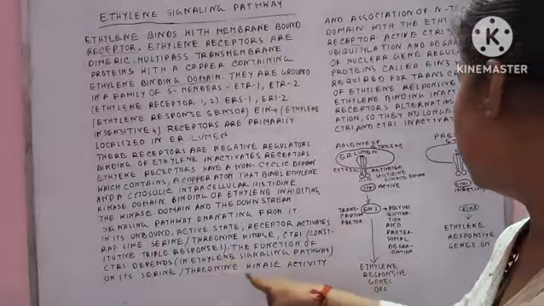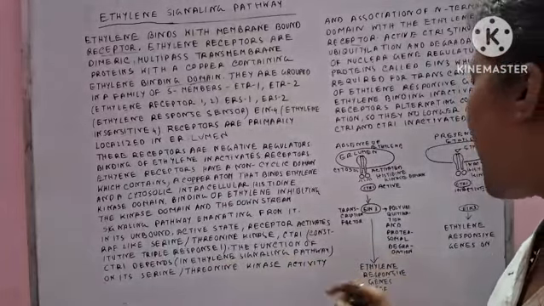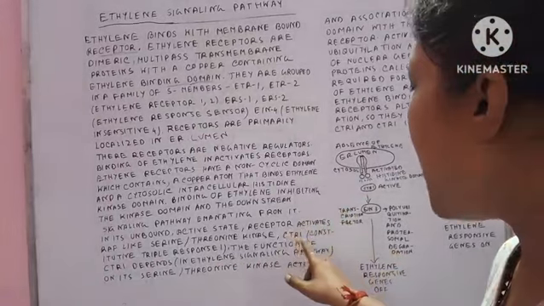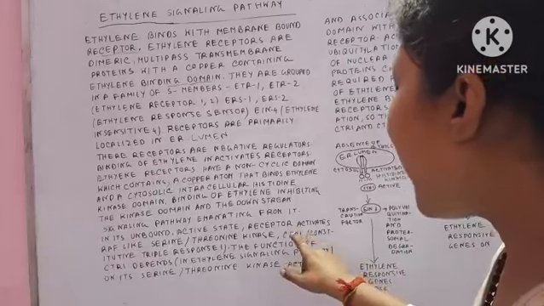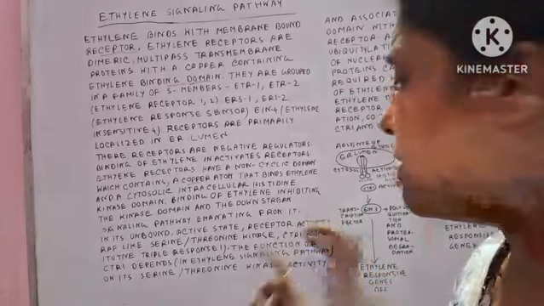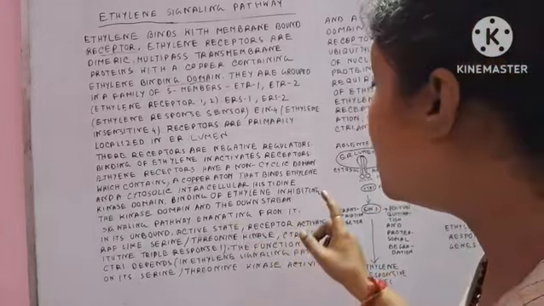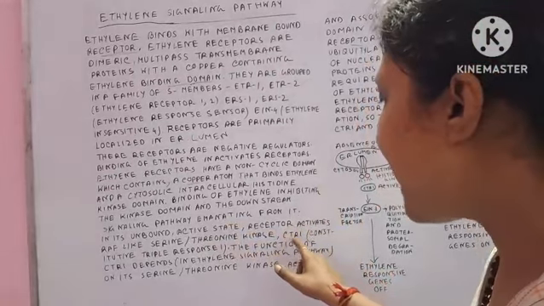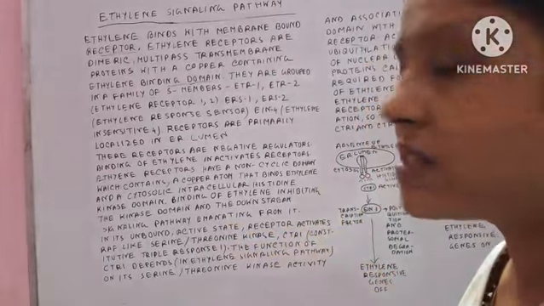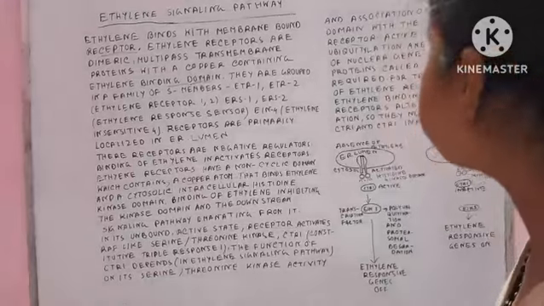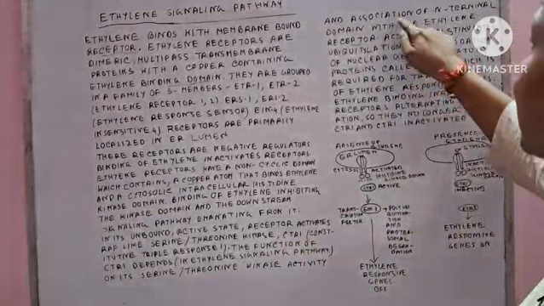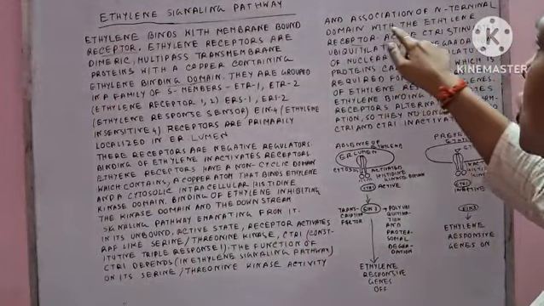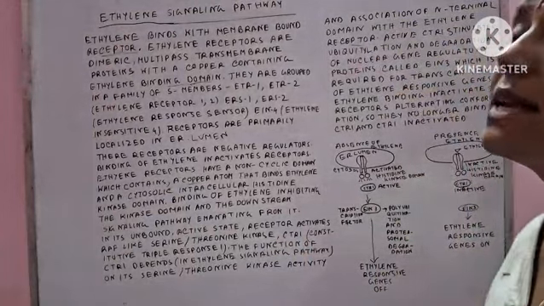Generally, the function of CTR1 is that it inactivates the ethylene responsive genes. The ethylene responsive genes are inactivated by the activation of CTR1. Its function also depends on the association of the N-terminal domain with the ethylene receptor.